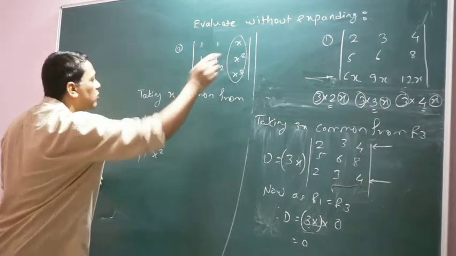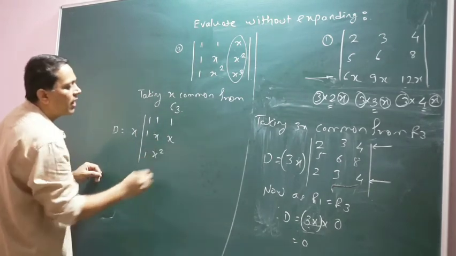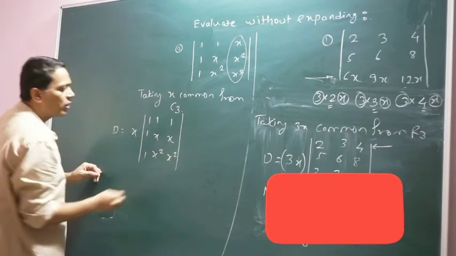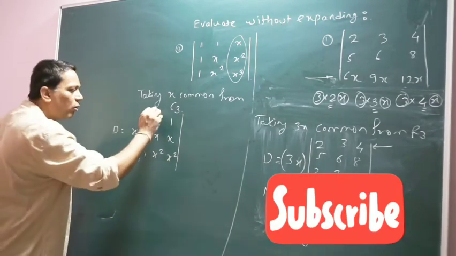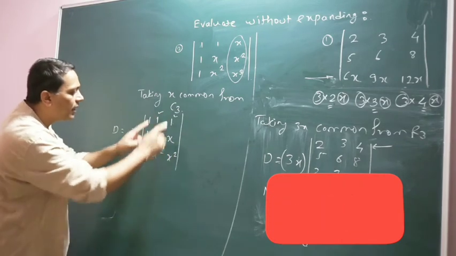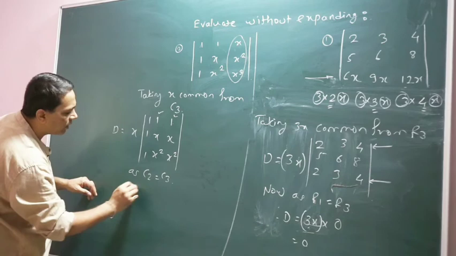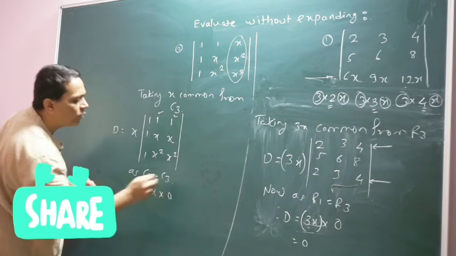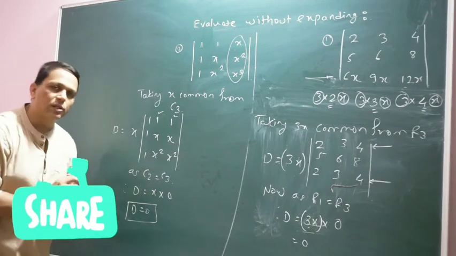Here we are taking x common, so there will be nothing here. It will be 1, x and x square. So now, do we have anything identical? We have two columns which are identical. So as C2 is equal to C3, therefore value of determinant is going to be 0, and hence the final answer of the determinant is 0.